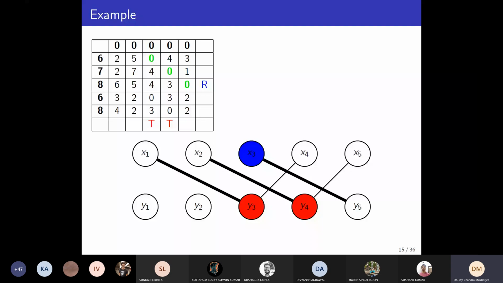Otherwise what happens? Suppose in x and y minus t, x3 is already selected, so if you introduce any edge here, it doesn't increase the size of the matching, because it is already being covered by this vertex. Suppose I draw edges from x3 to y2, y1, y5, but it is already a minimum cover.